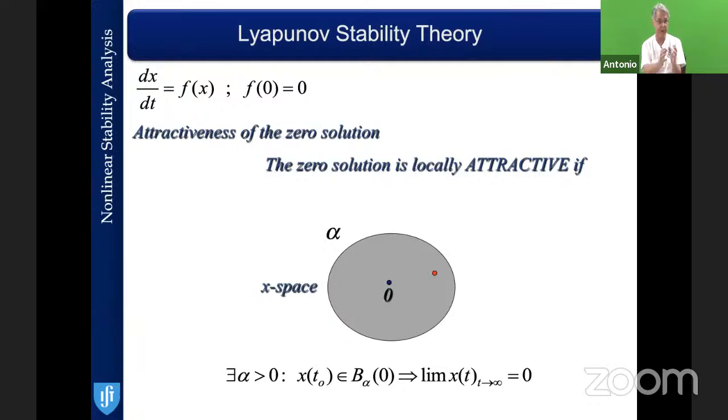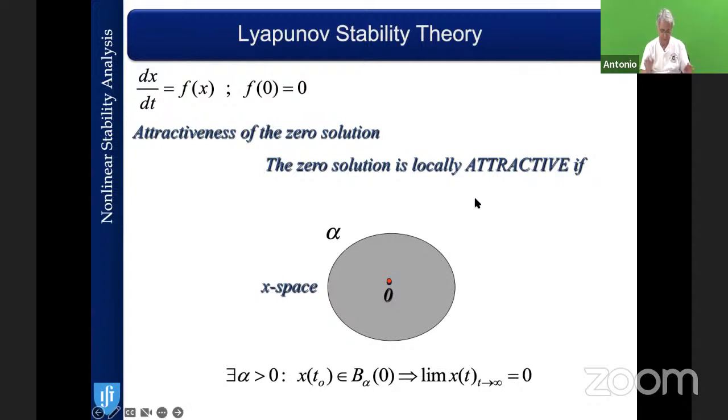The zero solution, which is the equilibrium point, again, it doesn't have to be zero, but through a coordinate transformation you may bring it to zero, is attractive if you can find a neighborhood such that when you start there, you go towards the origin. So mathematically, there exists alpha such that if I start my system inside the neighborhood of radius alpha, then the trajectories go to zero.